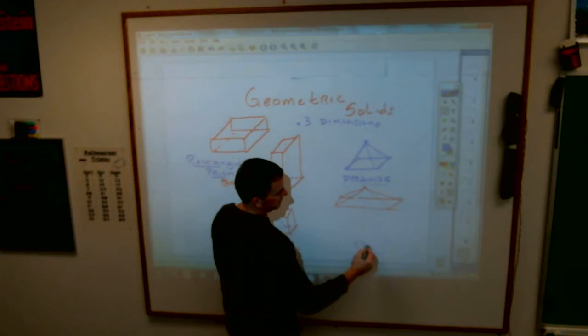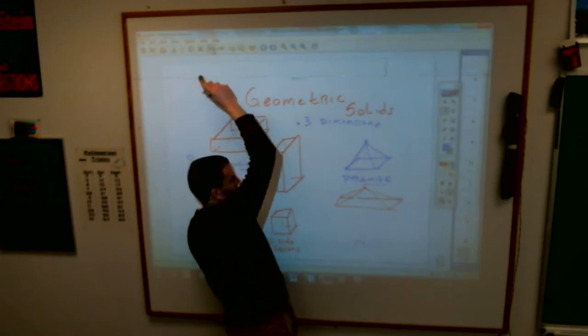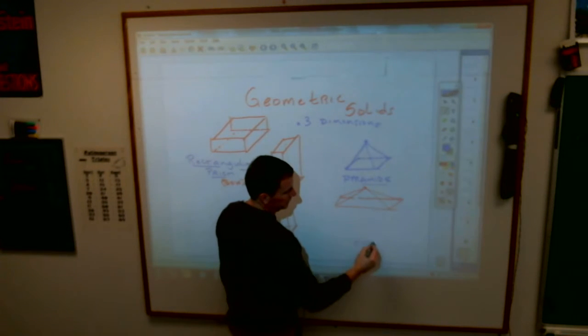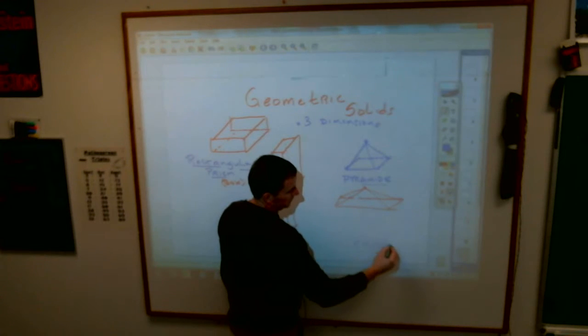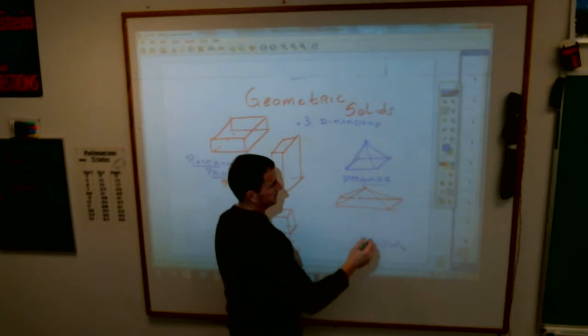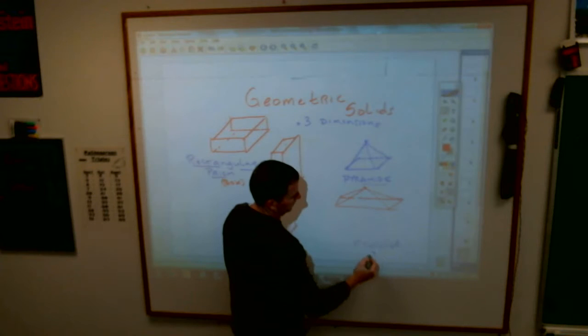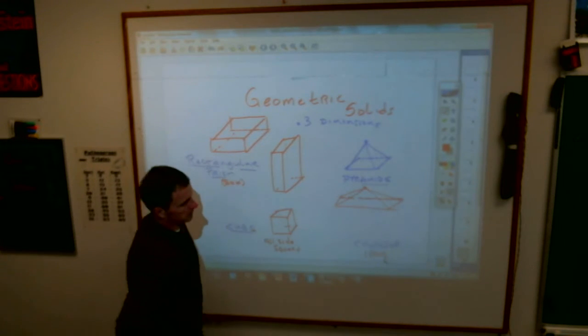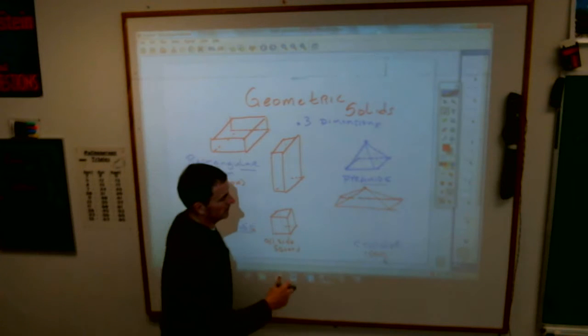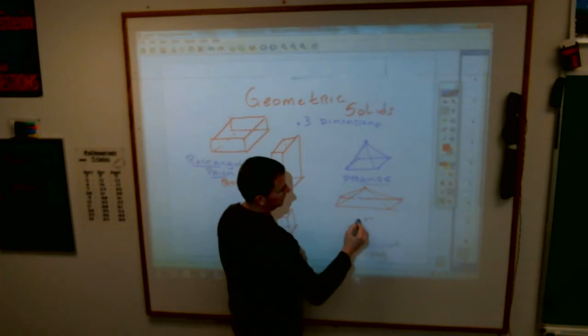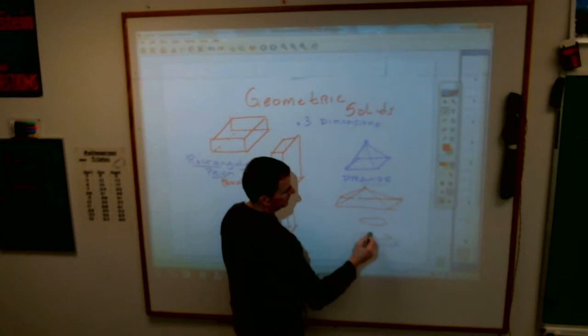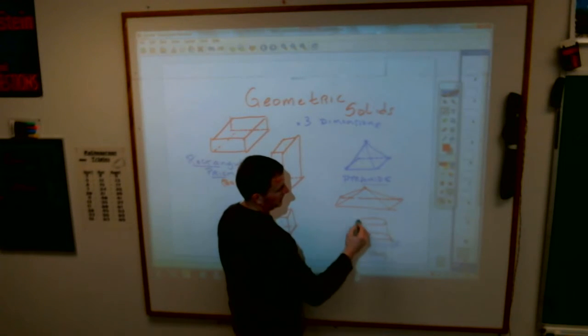Next one is a cone. I'm sorry. No, not a cone. Cylinder. I got it. And in our world, we call a cylinder a can, more or less. And cylinders are pretty easy to draw. You start with kind of an oval up here. Try to draw that same oval underneath of it, and then connect the sides.